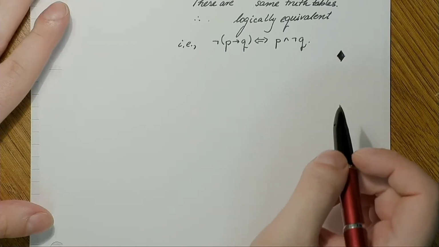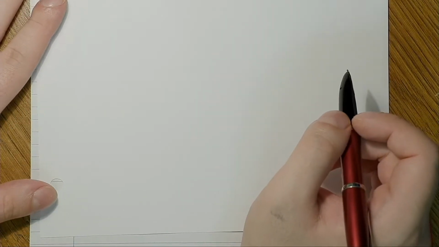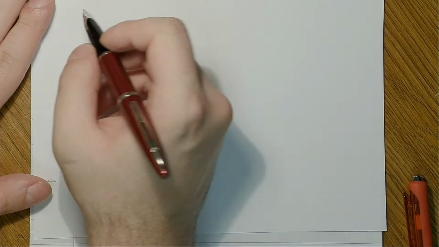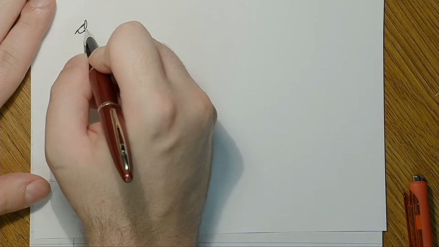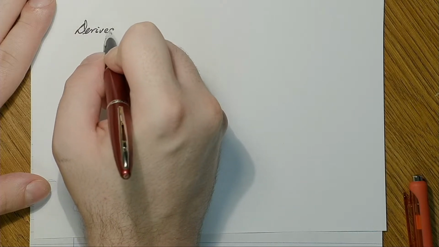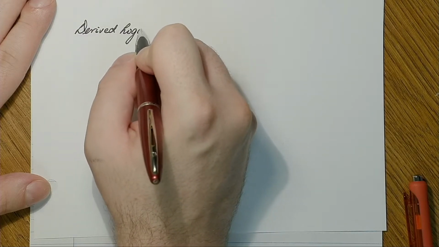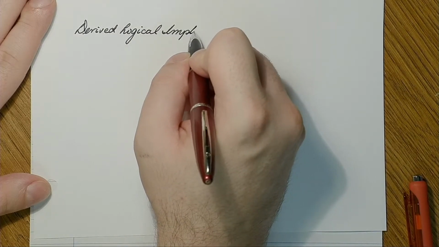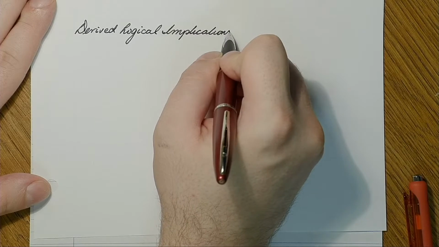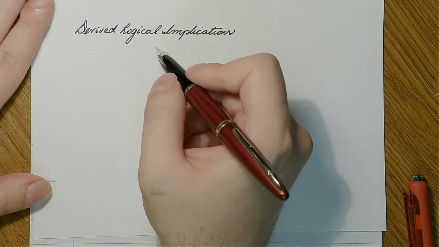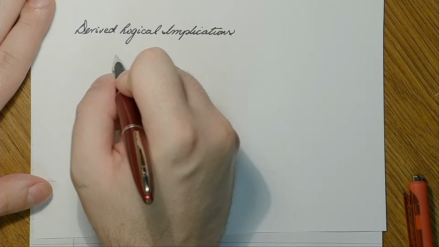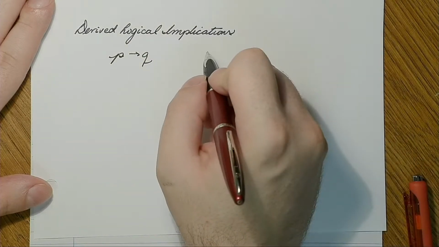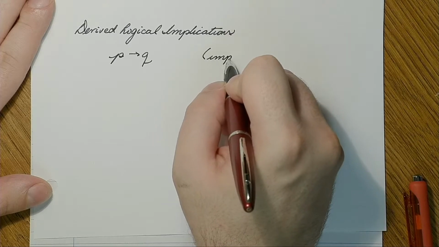So the next thing that we have is called derived logical implications. Say we have a given implication, P implies Q, so there's the original implication.